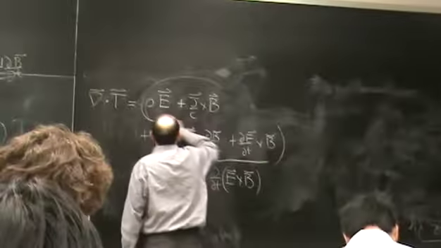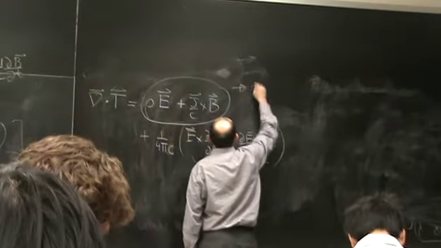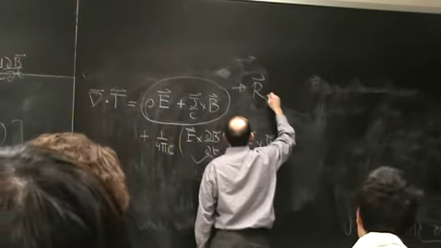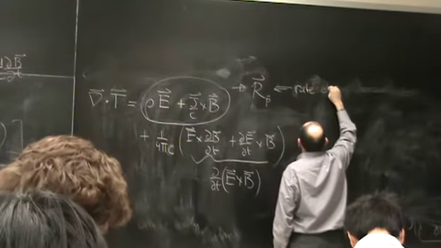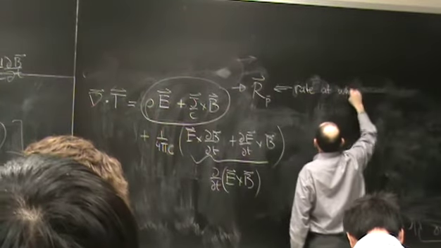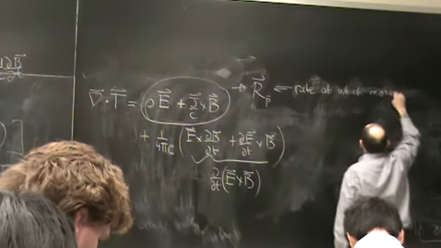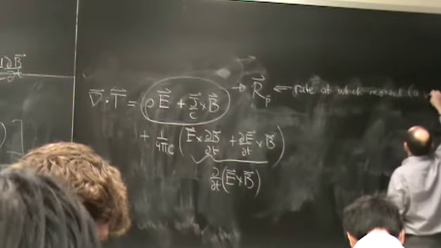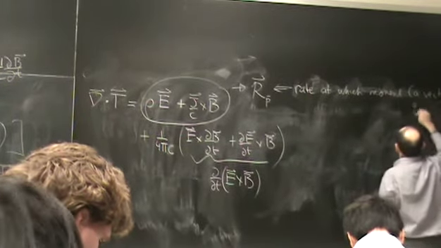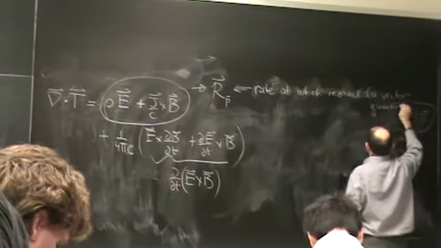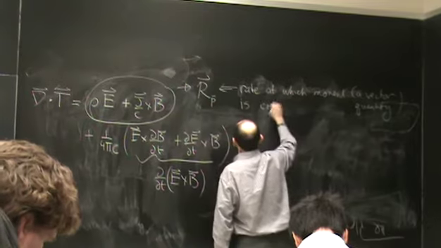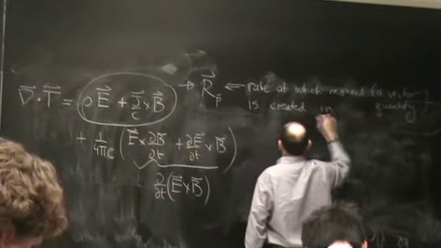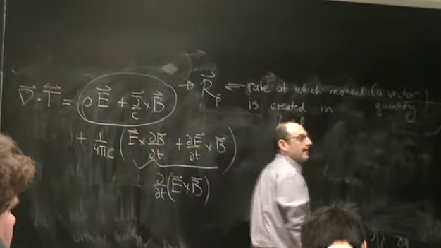So this is equal to a vector, so rate at which momentum, a vector quantity, is created in the field, right?